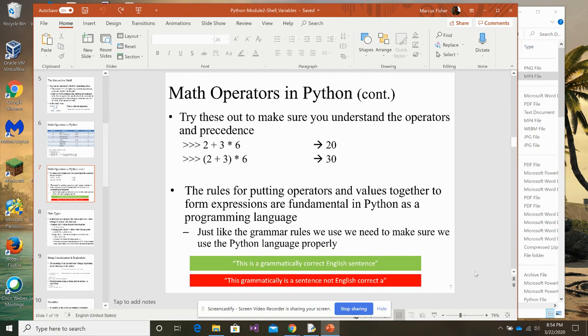It's just like the English language, where when we write English, this is a grammatically correct English sentence versus what's in red, which is not grammatically correct English. We don't understand what that is in the red text box. We're using the language incorrectly. So we need to understand Python and the rules of the language so that we can write proper Python statements.